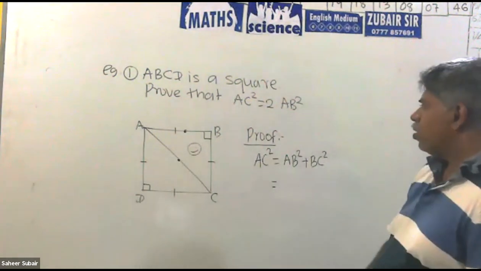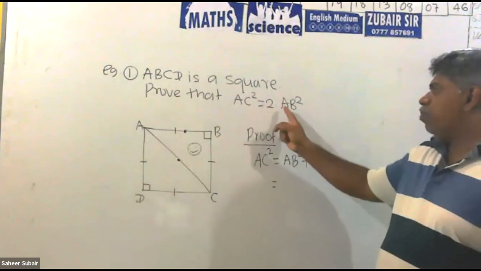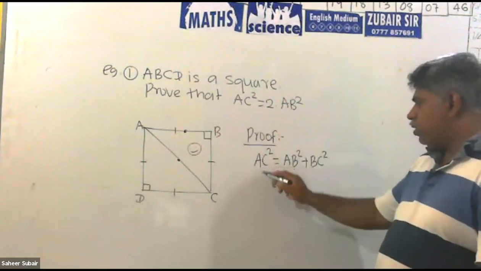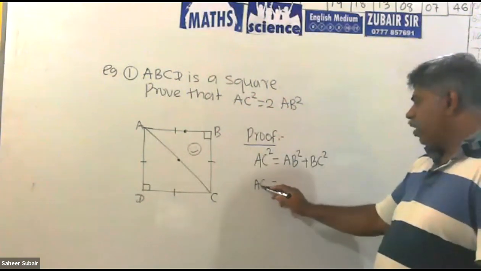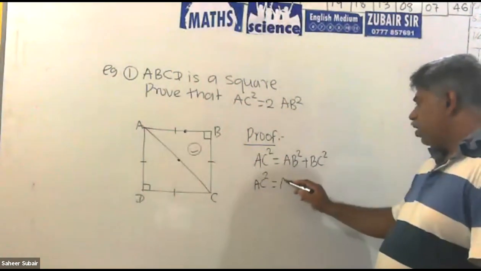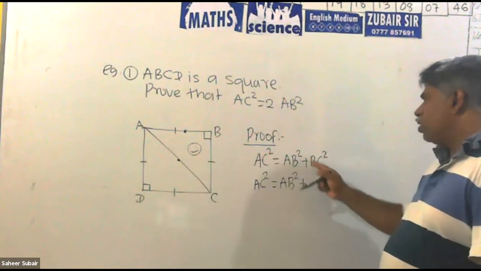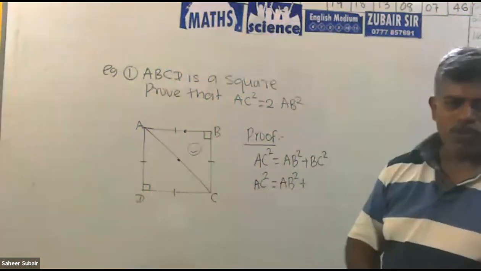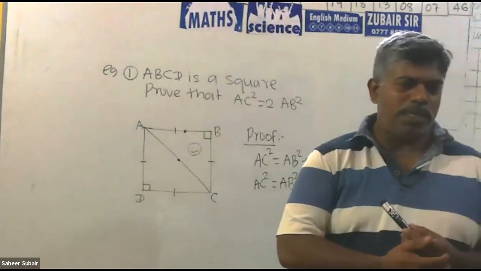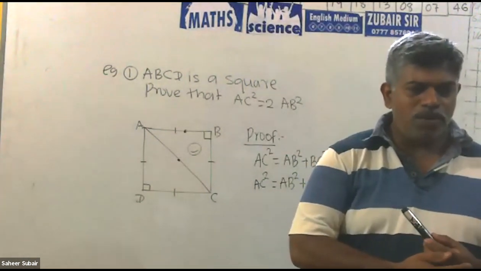But they have included AC and AB only. Then AC is there, no problem. AB is there, that is also no problem. BC isn't there in the answer. So because of that, we have to remove the BC.